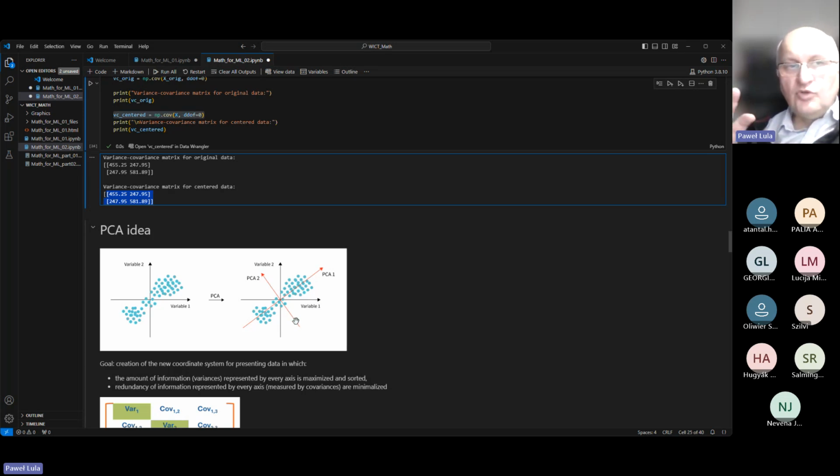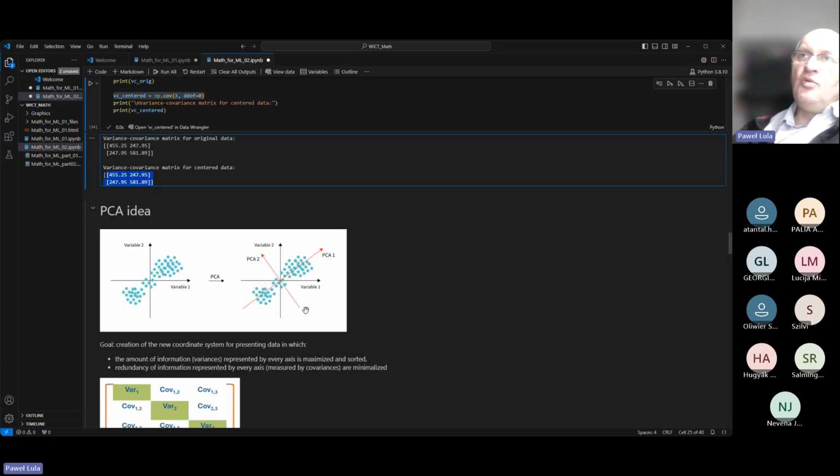So I'm going to build it, I'm going to construct this new coordinate system. But I'm going to create it in a very specific way.